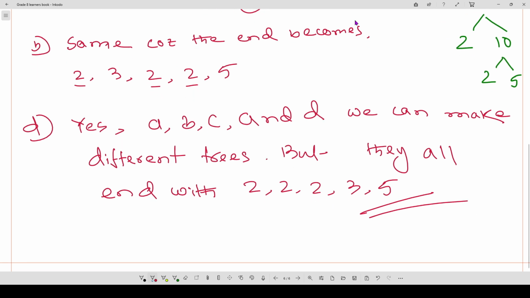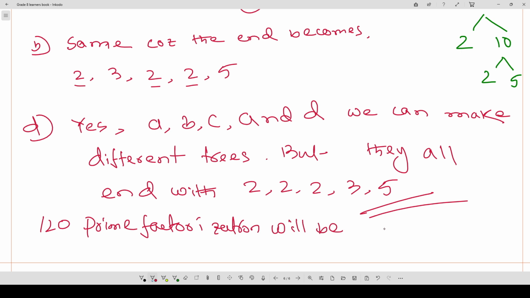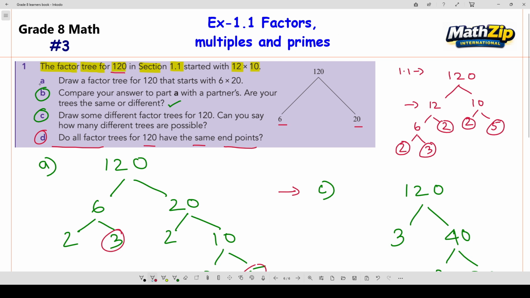Okay, it means 120 prime factorization will be 2 times 2 times 2 times 3 times 5. Okay, so number A, B, C. It means question 1 done.